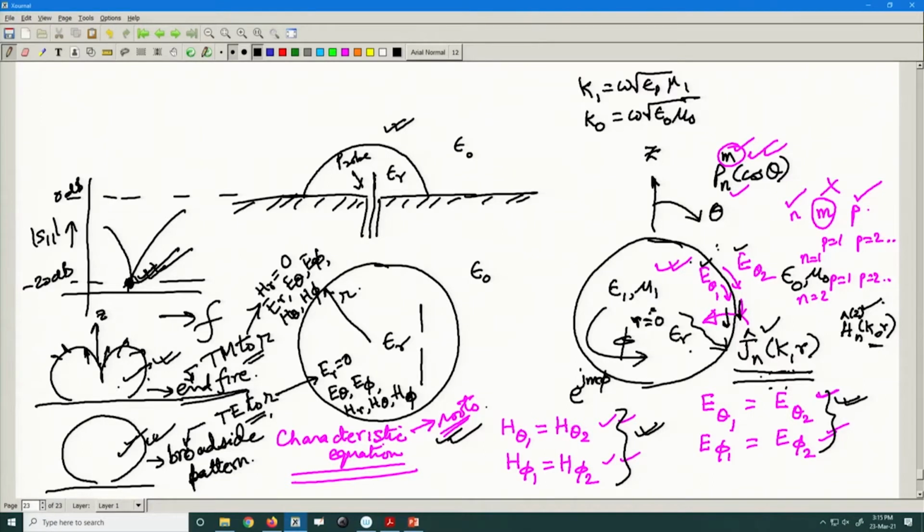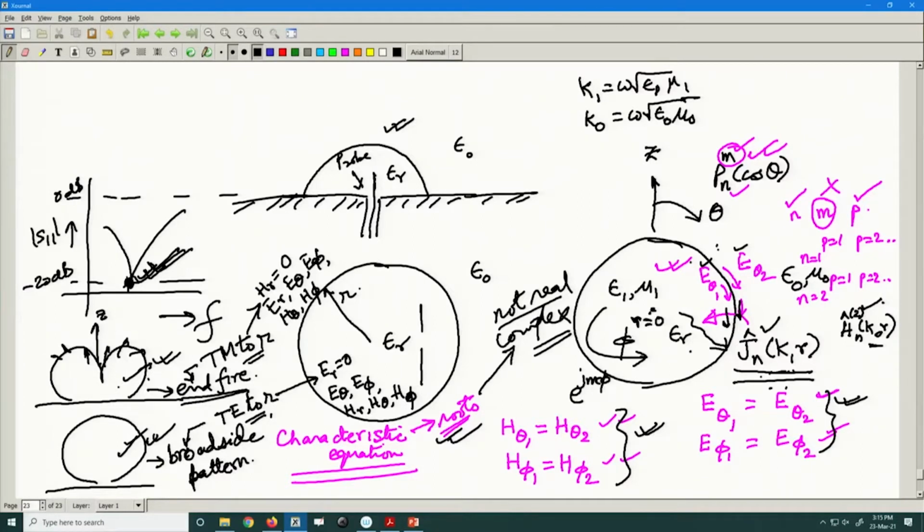Now, in addition to what we discussed previously, these roots are not real, they are complex numbers. That might seem strange to you because we are always accustomed to think of resonance being a real number.